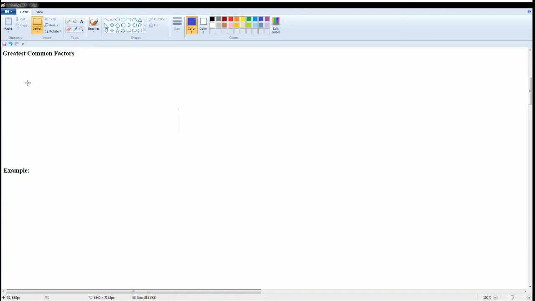The greatest common factor, you might have seen this as GCF. If I asked you for the greatest common factor of, let me give you this example, the numbers 15 and 45.